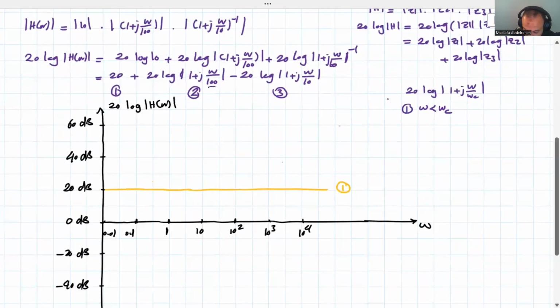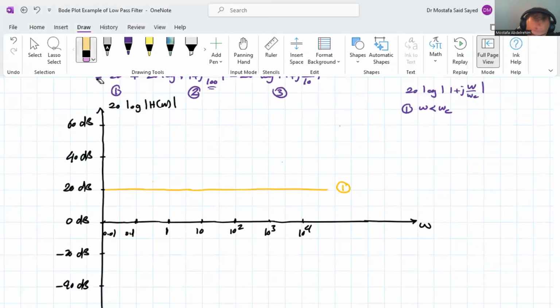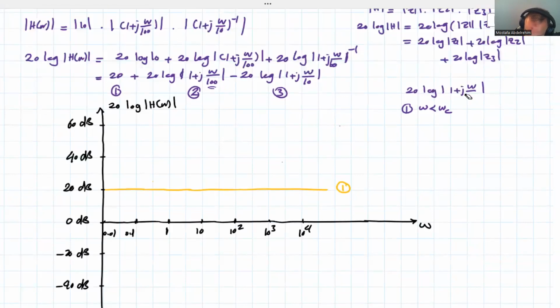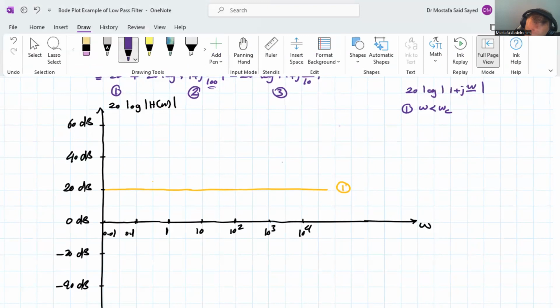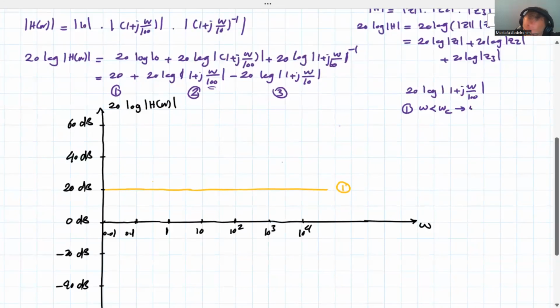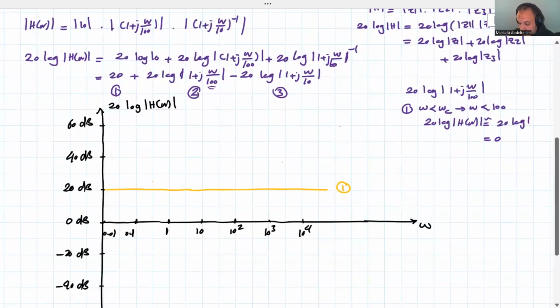In that case, omega c is 100, so I'm going to remove the omega c and put 100. That's omega less than 100. In that case, 20 log of H of omega is approximately 20 log 1, which is 0.